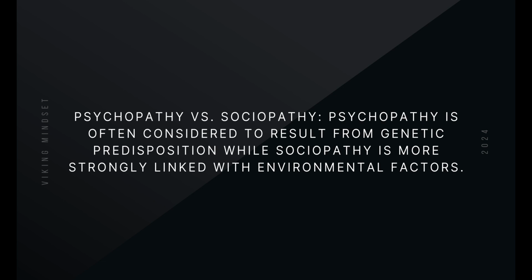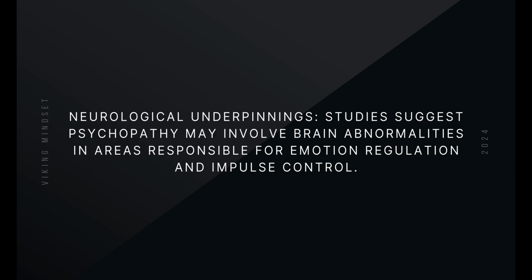Psychopathy is often considered to result from genetic predisposition, while sociopathy is more strongly linked with environmental factors. When we talk about the neurological underpinnings, studies suggest psychopathy may involve brain abnormalities in areas responsible for emotion regulation and impulse control.